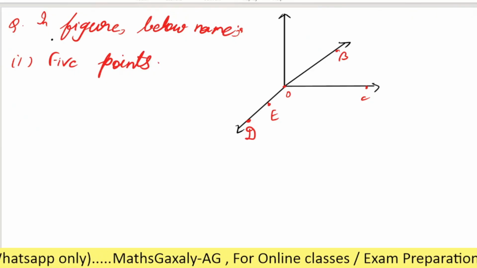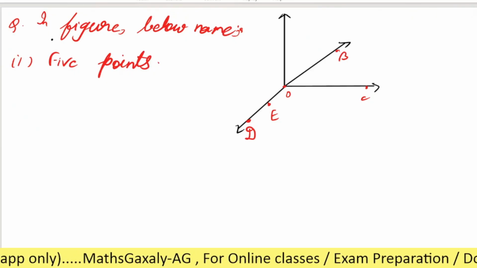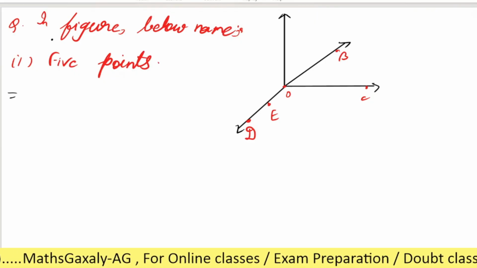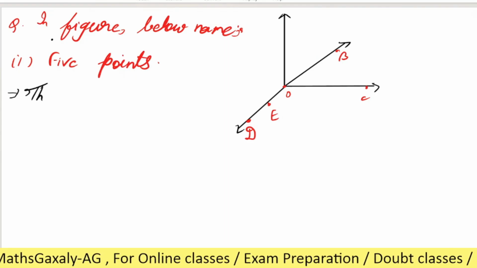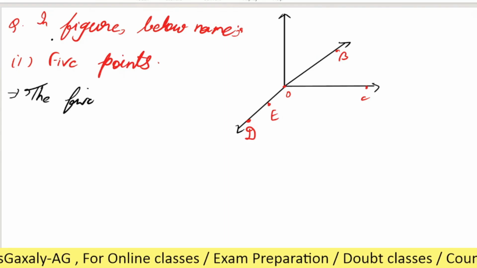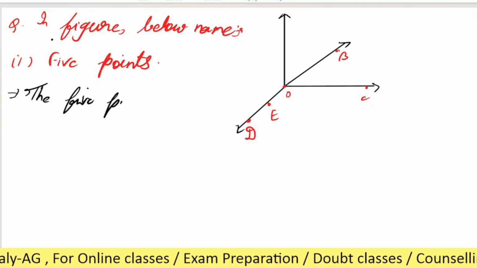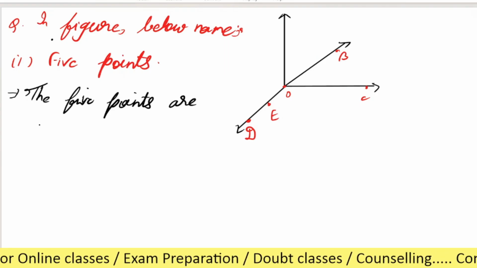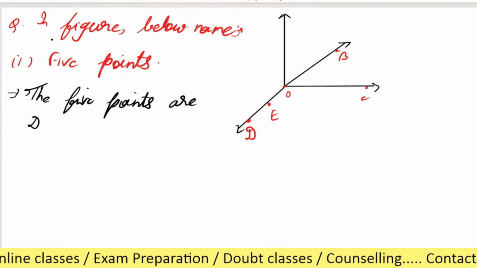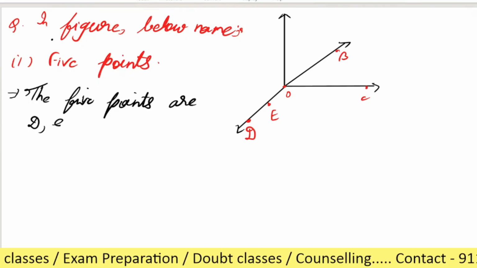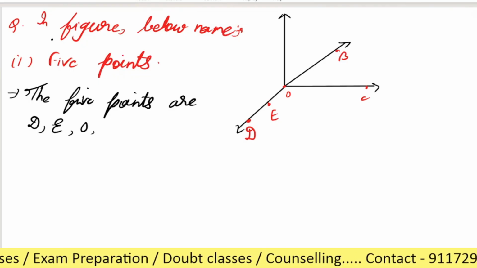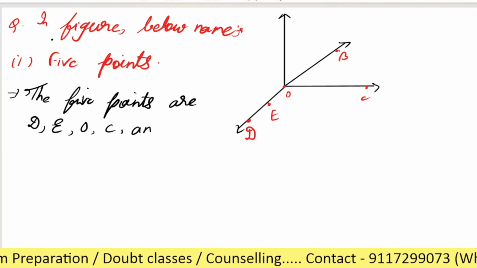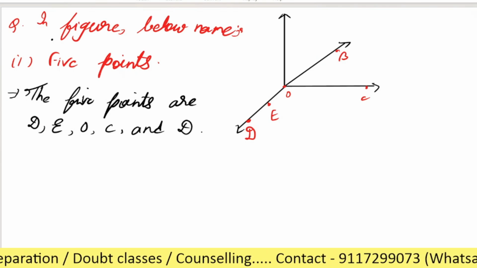D, E, O, C, B. Very good. So we will write the five points are D, E, O, C, and B.